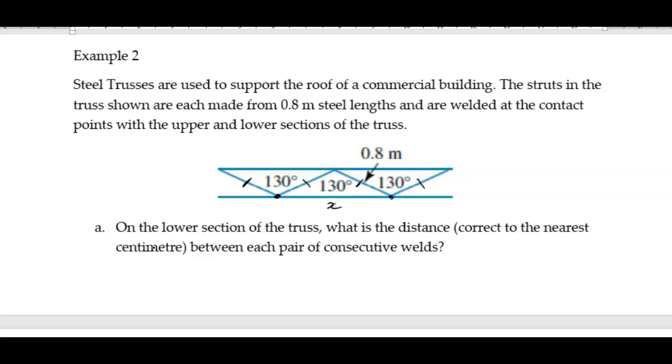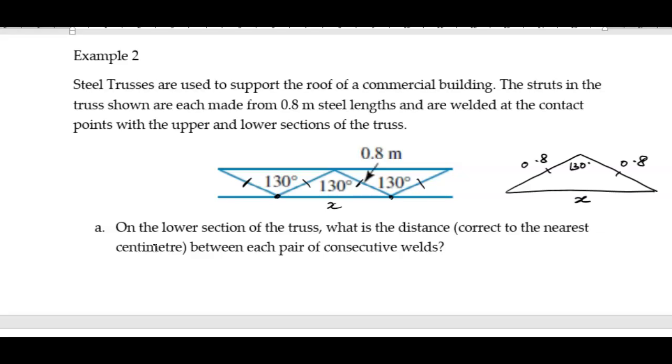If I quickly represent that triangle on the outside, that's 130 degrees, that is 0.8, and that is also 0.8, and we are trying to find x, the missing side length. What I can also gather from this diagram is that this is an isosceles triangle, and the property of an isosceles triangle is that the two angles opposite the equal sides are equal in size.